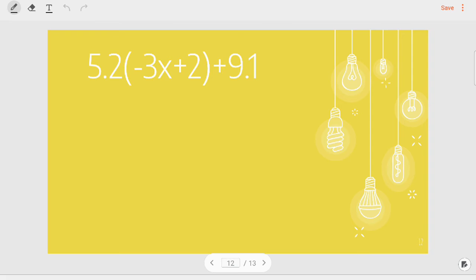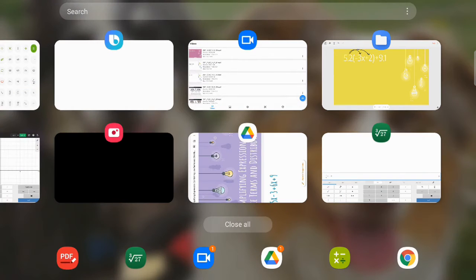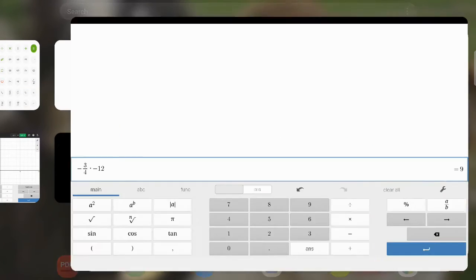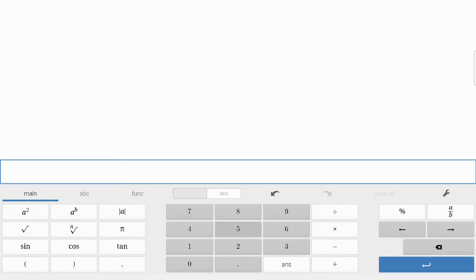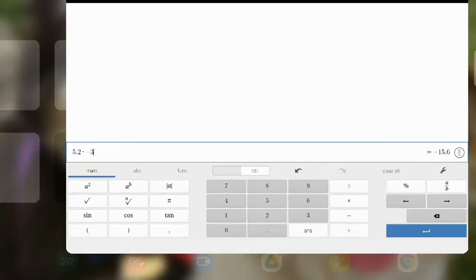All right, a decimal problem. So same thing with decimal problems. Don't get discouraged, use your calculator. So 5.2 distributed to both of those things on the inside. So 5.2 times -3 is -15.6.